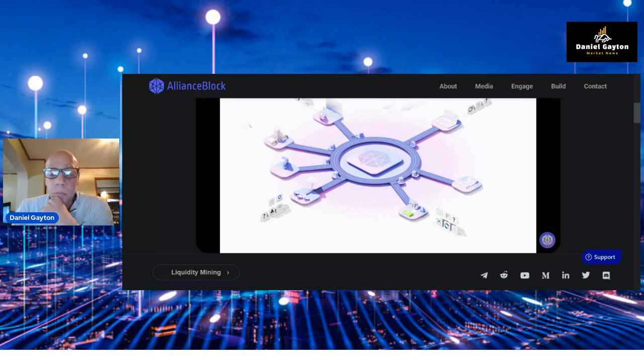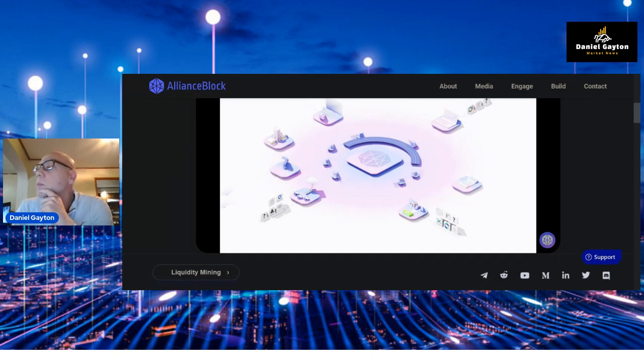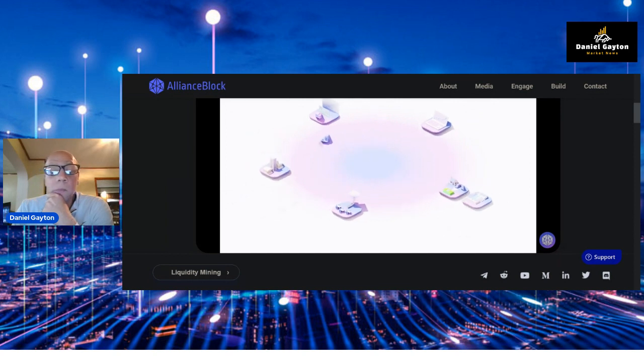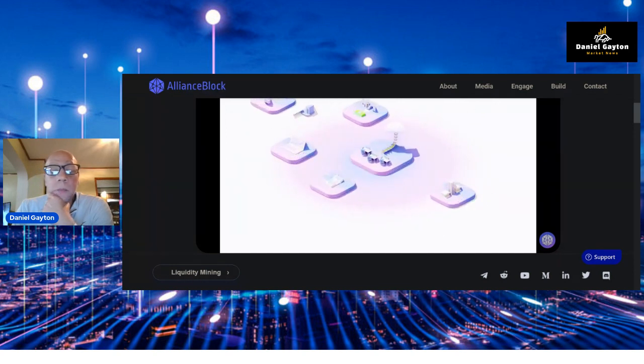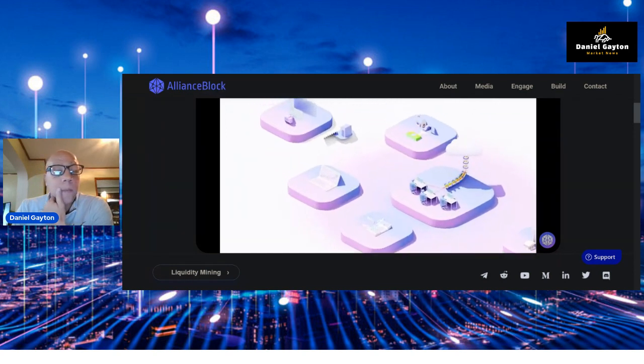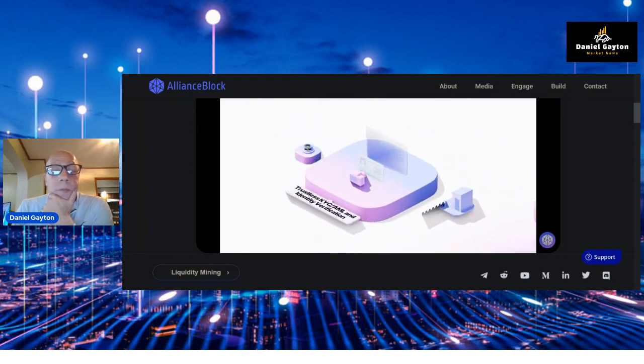We are building the protocol as a series of interconnecting but independent modules. These modules will combine to form the Alliance Block protocol, but can also operate as standalone products. The initial product set includes 7 products. One of these products is our trustless Know Your Customer and Anti-Money Laundering Identity Verification module.